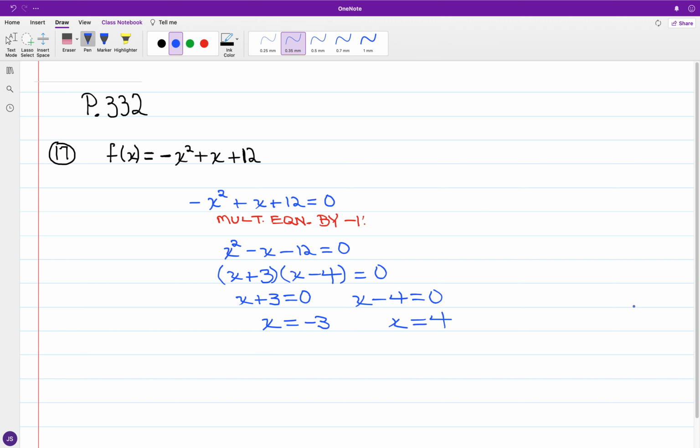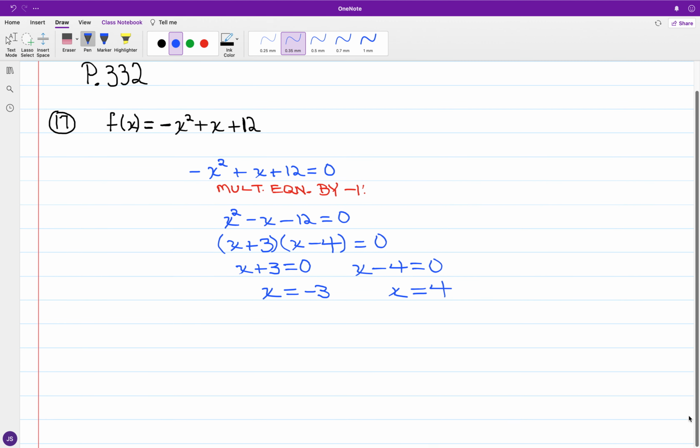All right. So for the setup, if I form a table of intervals, we have intervals formed about the zeros of -3 and 4. At the lower end, we have those values of x which are less than -3.